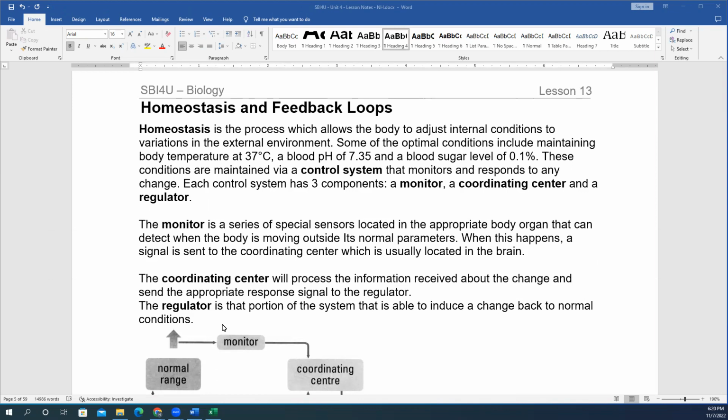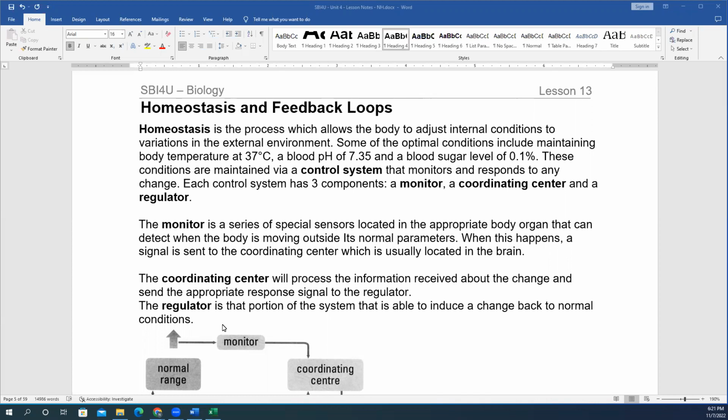So we talked about homeostasis, being the process that allows our body to adjust its internal conditions in response to variations and changes in our external environment. Some of the optimal conditions that our body has to maintain are, for example, an optimal body temperature of 37 degrees, a blood pH of about 7.35, a blood sugar level of 0.1%.